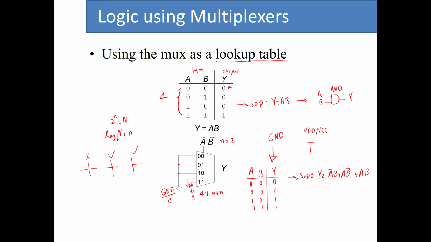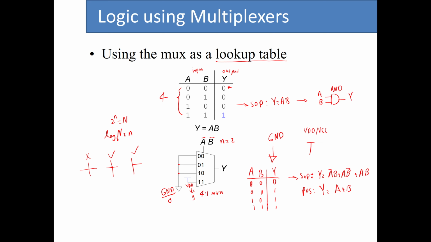So this is basically the OR function using sum of products. For this one, the easier function was to use the product of sums because we have a fewer number of zeros than the number of ones. So if we do that, Y would be equal to A or B, right?